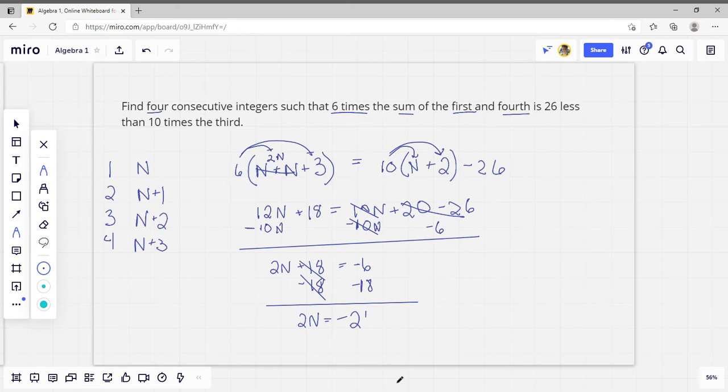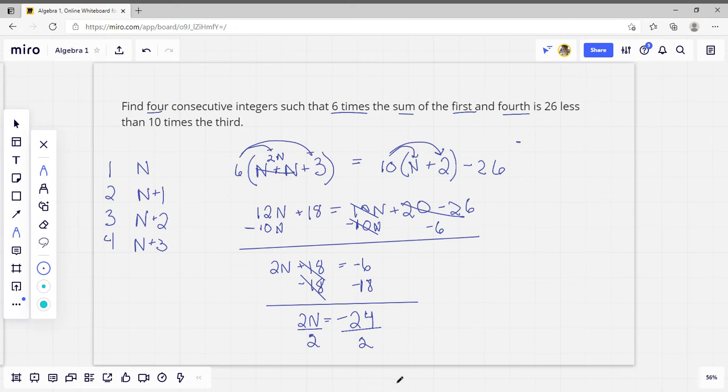Okay, and then we just divide by 2. Okay, so n is going to be equal to negative 12. So that's not our answer. We need 4 numbers, so negative 12 will be our first.